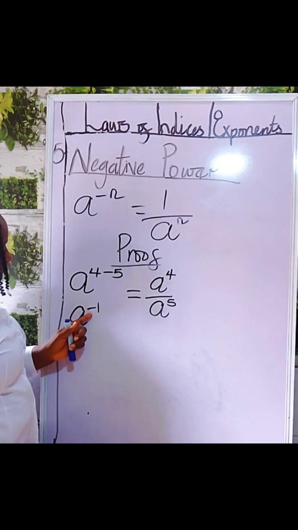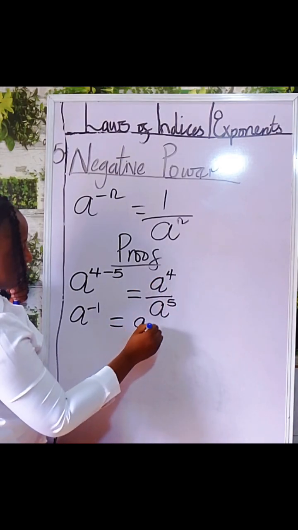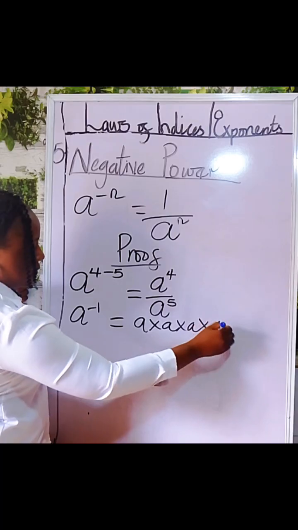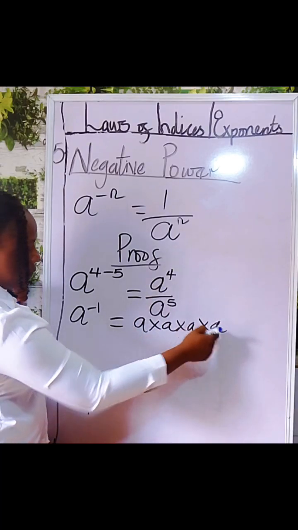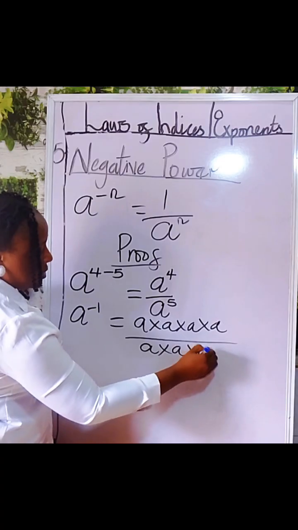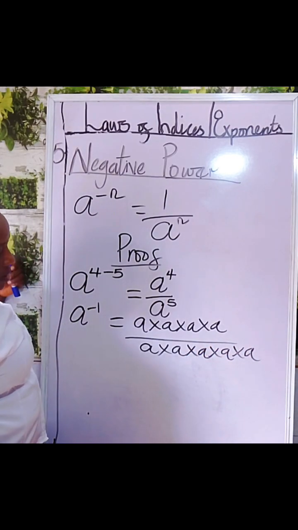So how do they see that a to the power minus 1 will now be equal to this: a times a times a times a. How many a's? 1, 2, 3, 4. Very good. All over a times a times a times a times a. Are you seeing it?